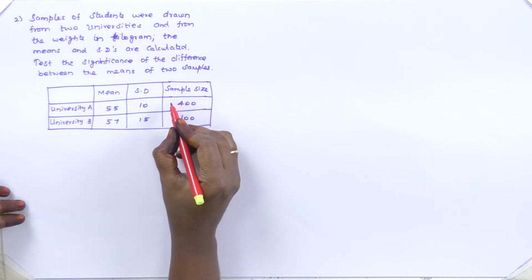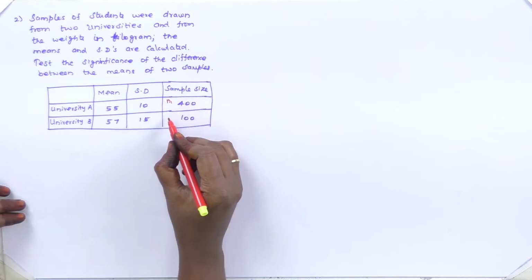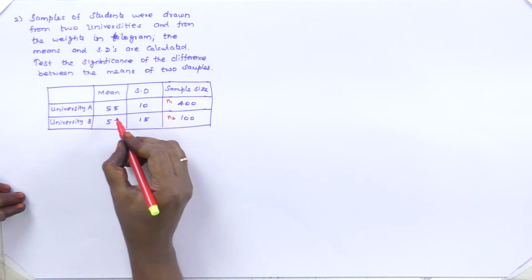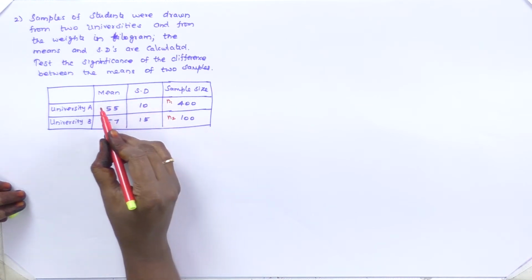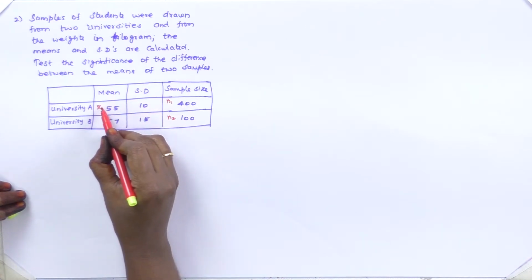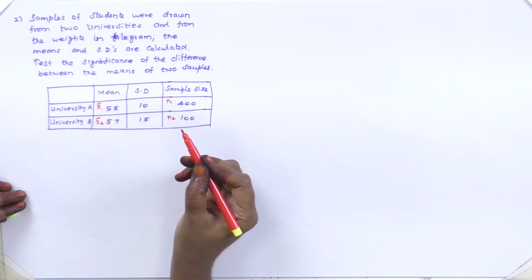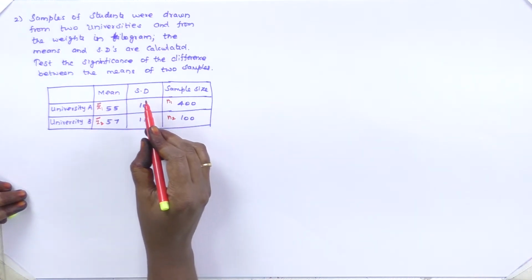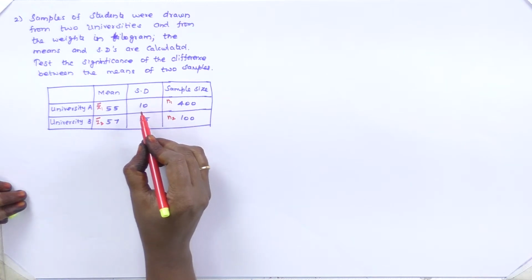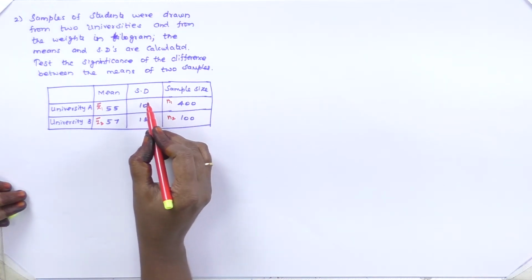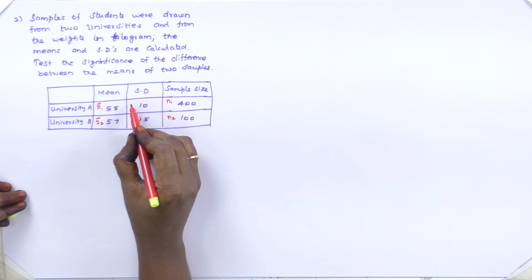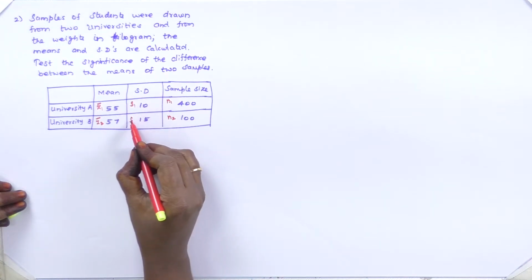Here our sample sizes are denoted by N1 and N2. Sample mean is denoted by x1 bar and the sample mean of the second is x2 bar. Standard deviations of the samples are given, that is S1 and S2.